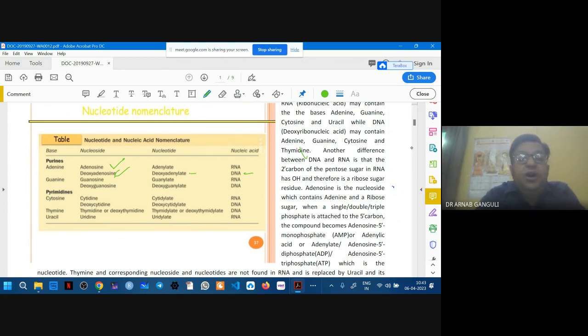And for guanine, the nucleotide is deoxyguanylate, and the nucleoside will be deoxyguanosine. Similarly, the same thing will happen with the pyrimidines. You have to understand this nomenclature.